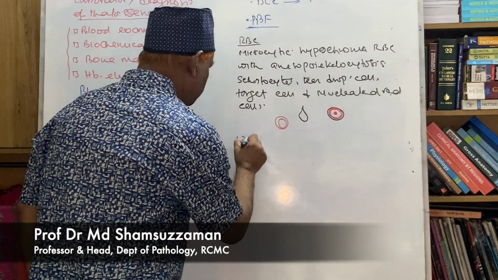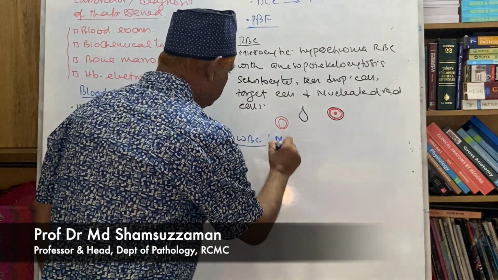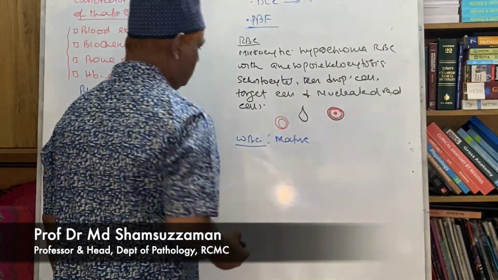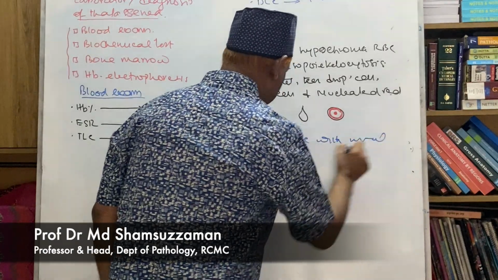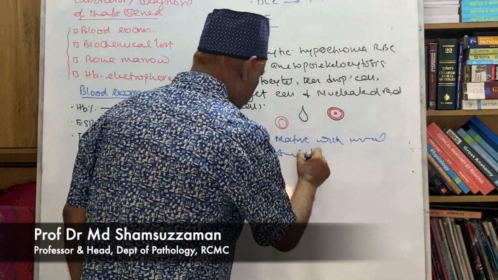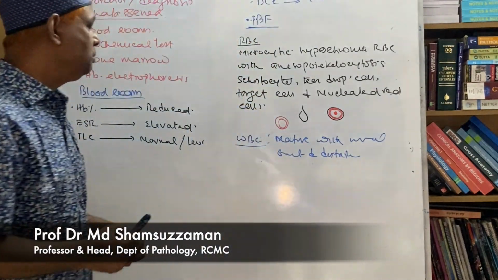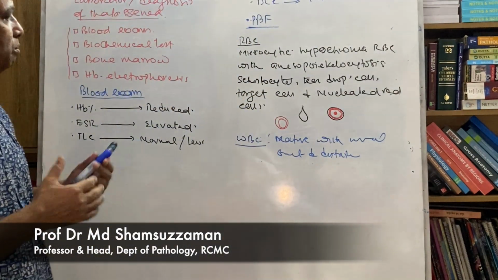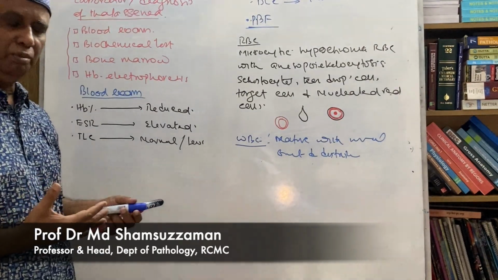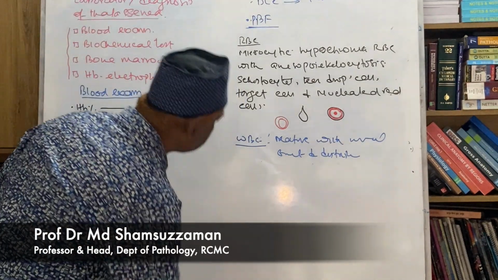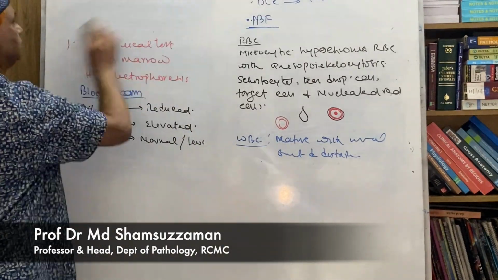Then WBC series, WBC mature with normal count and distribution. So WBC within the peripheral blood shows normal maturation, normal count, and normal distribution. It means it is not a disease of WBC, rather it is a disease of RBC.